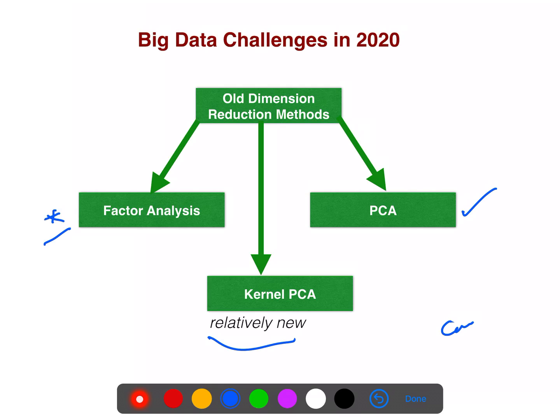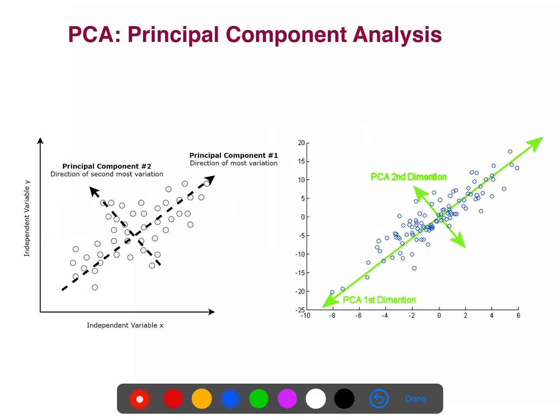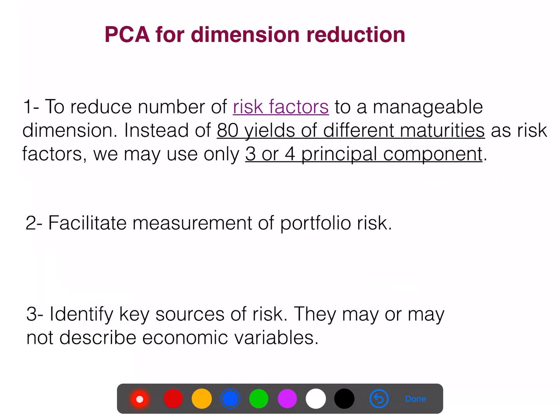So I want to encourage people to contemplate on why dimension reduction is really important. So we have two principal directions, and you find the directions which have most variation, and PCA for dimension reduction to reduce the number of risk factors to a manageable dimension.